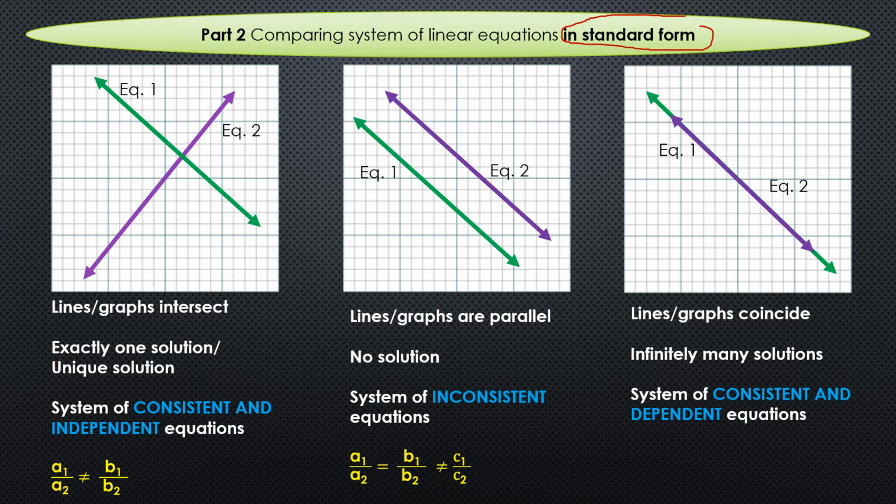For the inconsistent or the second graph, we will have a sub 1 over a sub 2 is equal to b sub 1 over b sub 2, which is not equal to c sub 1 over c sub 2. And for the last one, we have a sub 1 over a sub 2 equal to b sub 1 over b sub 2 and equal to c sub 1 over c sub 2.